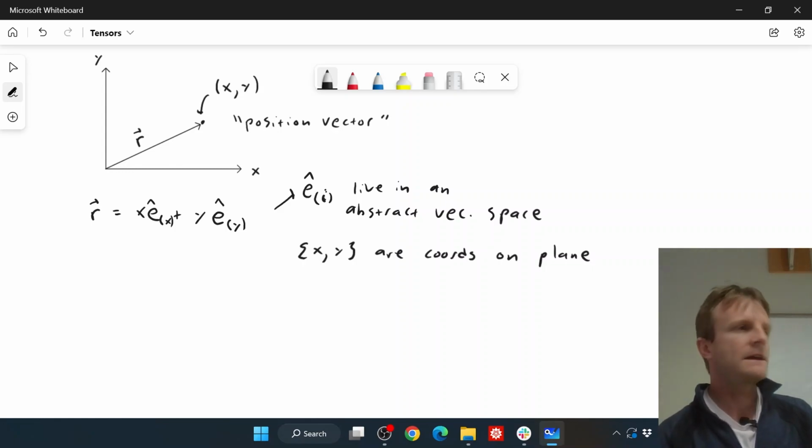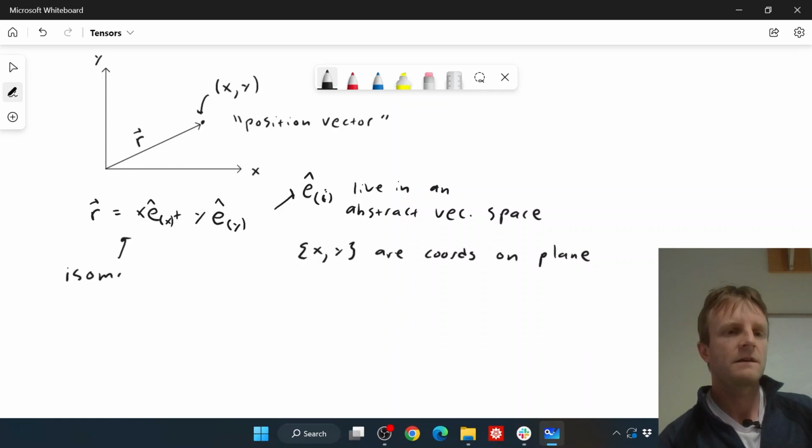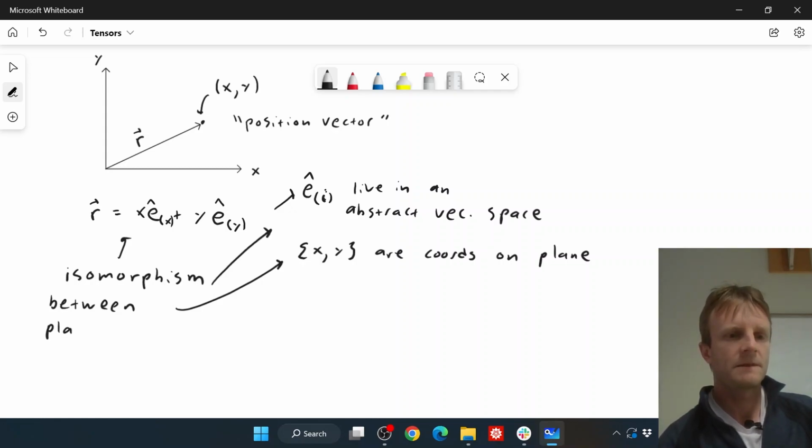Okay, and this very innocent-looking equation that you learn very early in high school physics, it's very basic stuff. This innocent little equation is enacting an isomorphism, a one-to-one correspondence between these two things, coordinates on the plane and the vector space. Let's call it a vector space V.